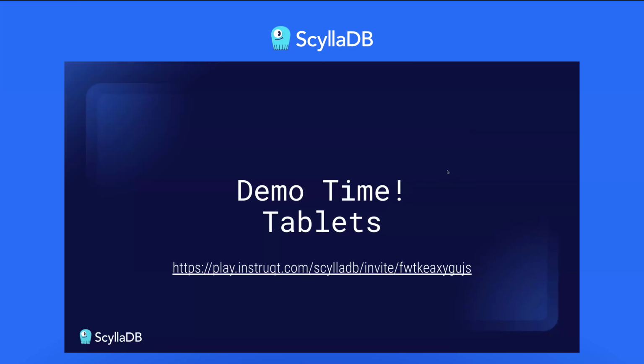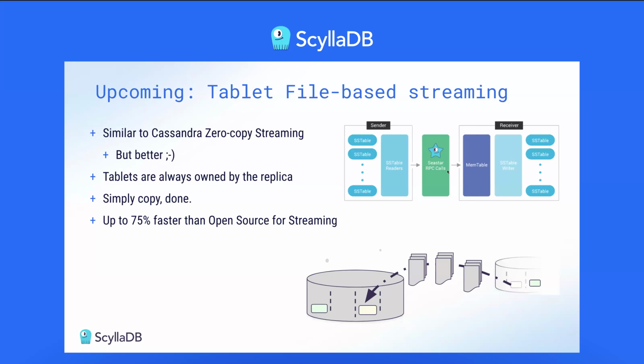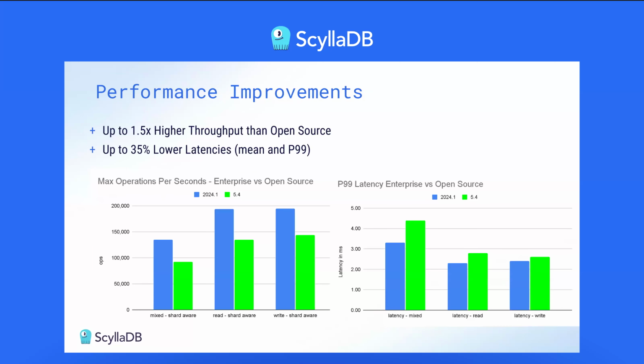Okay, so that was the tablets. One other cool feature that we are adding to Scylla Enterprise only is file-based streaming of tablets. This is like an extension or an add-on, if you will, to the tablet mechanism that allows even faster scaling for the enterprise release. We also added a bunch of performance improvements to the latest release, and we are doing it with each enterprise release.